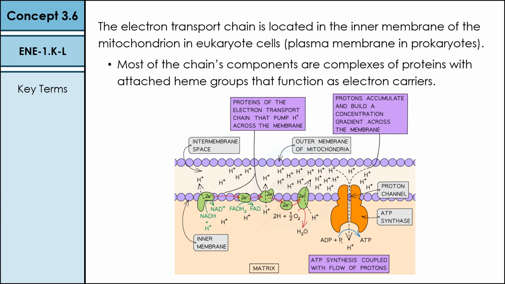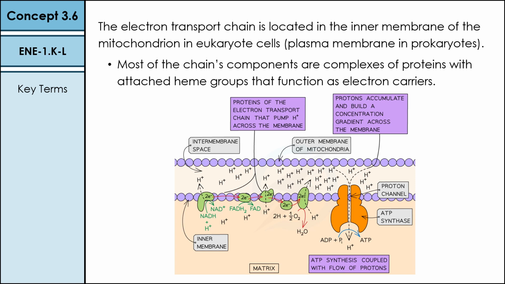First, our electron transport chain does require proteins that are embedded within the membrane. So we see that this is located within the inner membrane of the mitochondrion in our eukaryotic cells. For prokaryotes that engage in this same process, this is occurring in their plasma membrane.